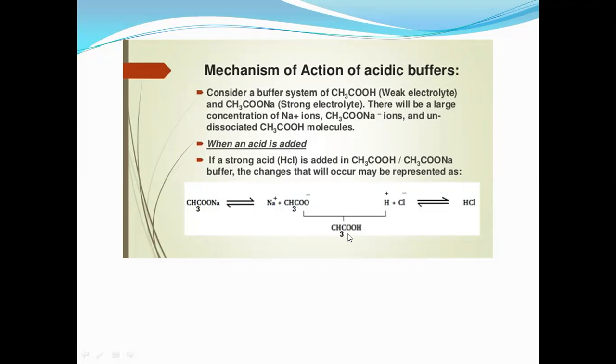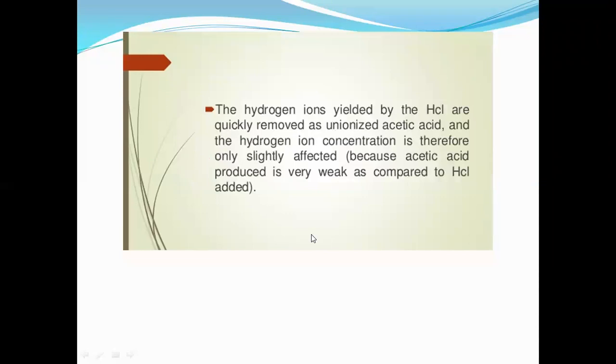क्योंकि acetic acid already solution में मौजूद है. Okay? The hydrogen ions added by HCl are quickly removed as unionized acetic acid, and hydrogen ion concentration is therefore only slightly affected, because the acetic acid produced is very weak as compared to HCl.